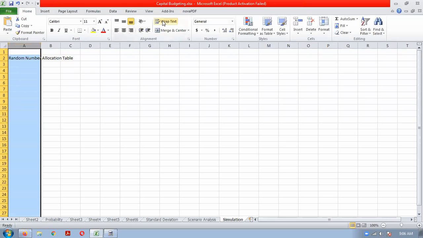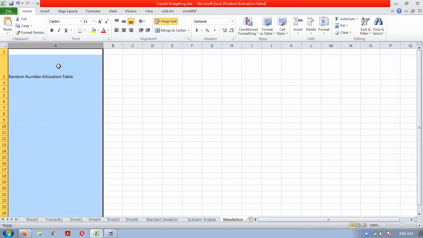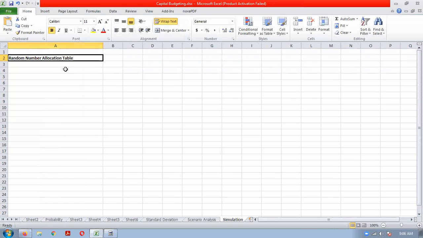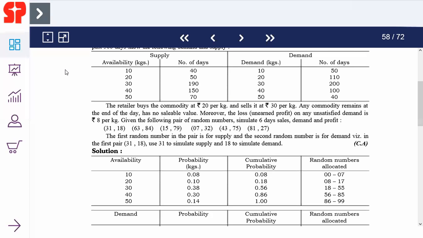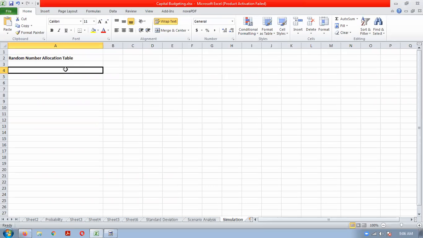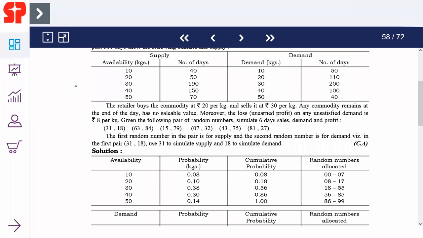First, for starting a problem on simulation, we will start with the random number allocation table. First, we will start with the supply part. Supply availability.